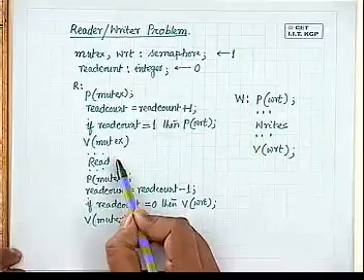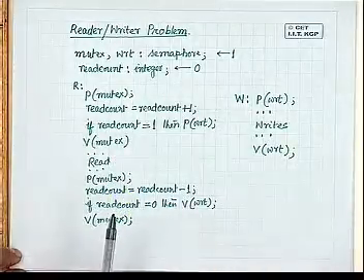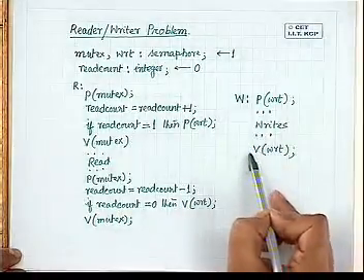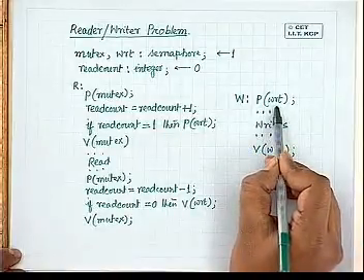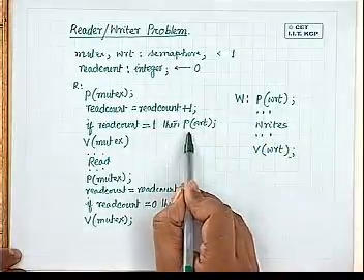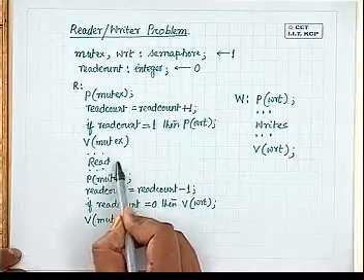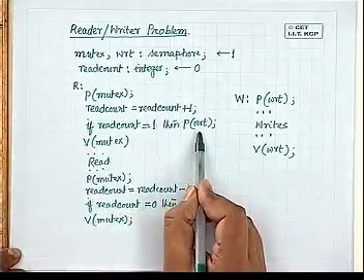Okay. Now, what happens if at this point any writer process wants to access the file? So, the code for the writer process is like this. The writer process will perform P write operation. Here you find that the first reader process who has entered this critical region has performed a P write operation.